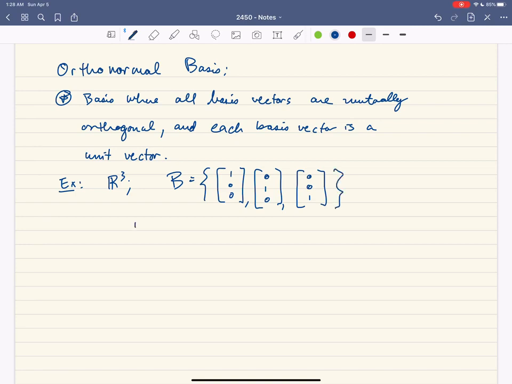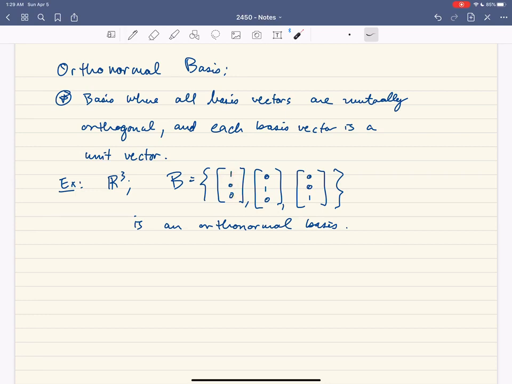This is an orthonormal basis. So the reason why the standard basis is so nice is that this is an orthonormal basis. Because the magnitude of each of these vectors is 1. You would end up with square root of 1 squared plus 0 squared plus 0 squared. So that's 1.